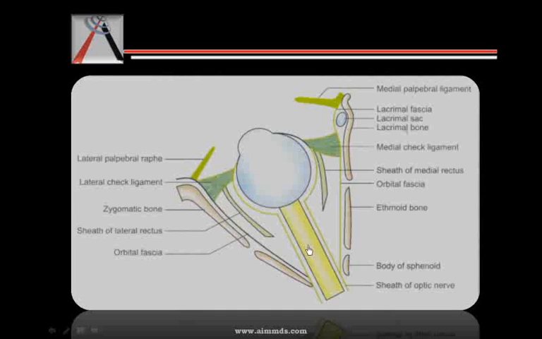It comes from the optic canal over here, lines the optic sheath, and continues till the sclerocorneal junction. So this is the cornea, this is the sclera, and the bulbar fascia extends till the sclerocorneal junction. The gap between the bulbar fascia and the eyeball allows the eyeball to move within this fascia freely.